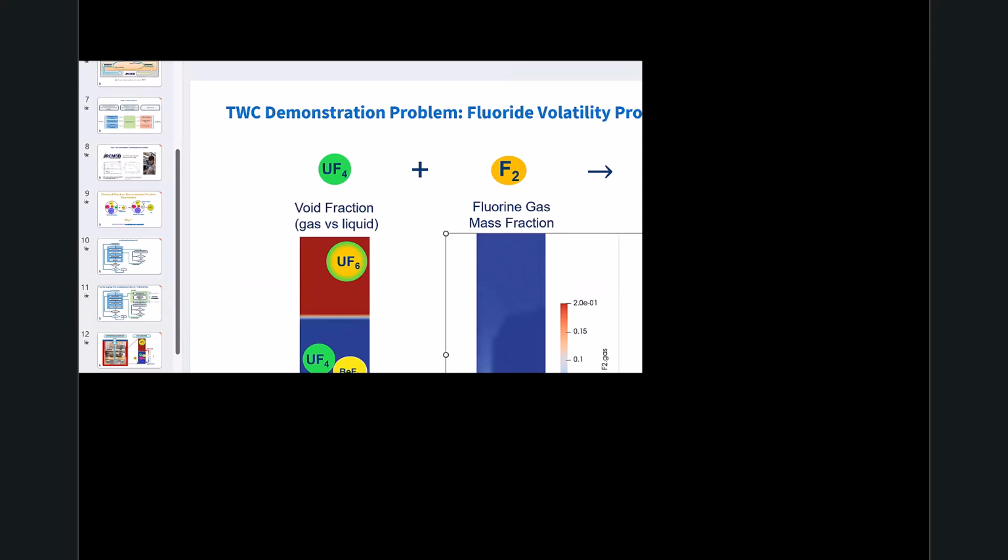I am using the fluorine to form UF6. I could have shown here the same contour plot for the liquid species, but as the decreasing of UF4 is so small along the time that it was more useful to show the gaseous species here. But the same is occurring for the liquid species.